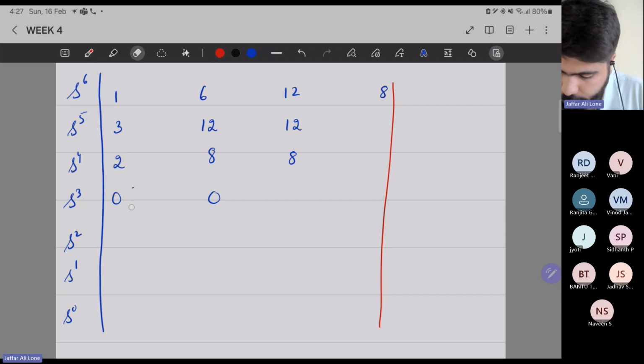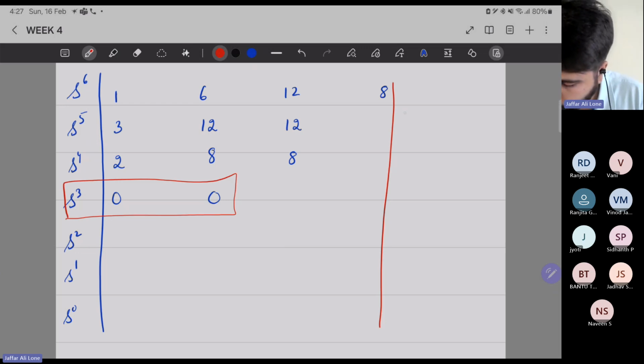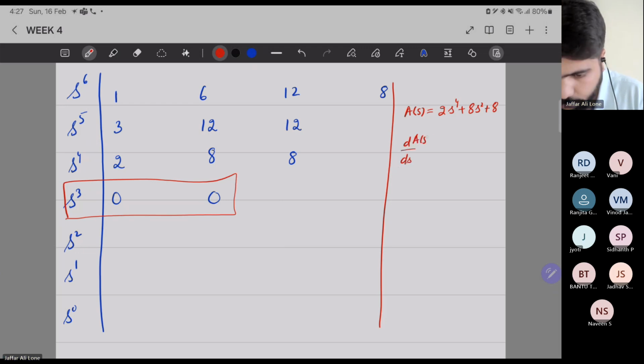For this row of zeros, we have to make the auxiliary equation. So the auxiliary equation will be 2s4 plus 8s square plus 8. Now differentiate it, d by ds of A(s), it will be, what was that? 8s cube plus 16s, right?